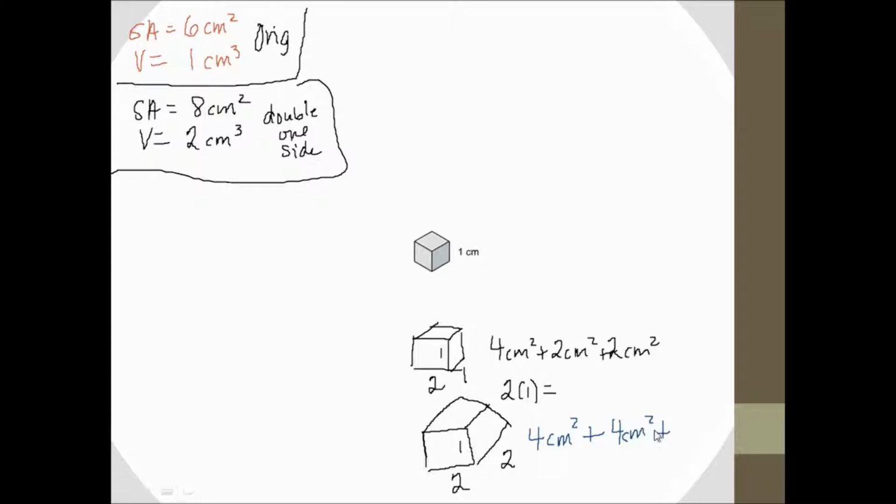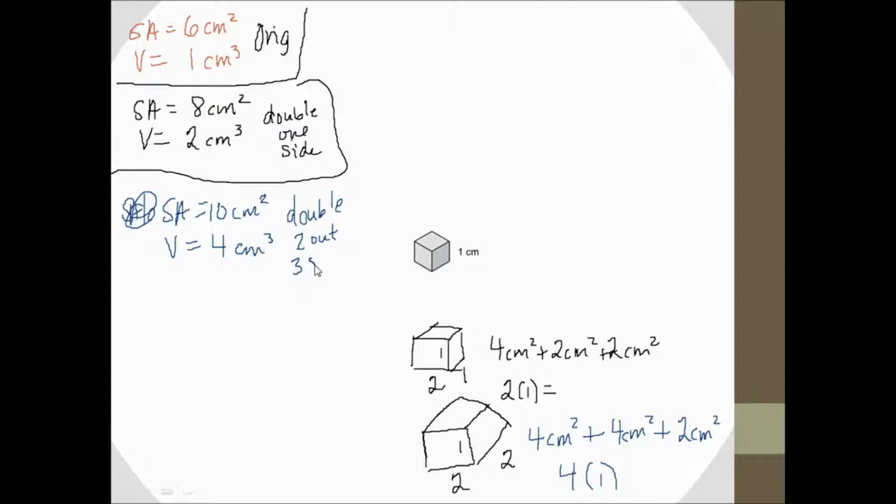The top and bottom are 2 square centimeters. So 4 plus 4 plus 2 gives me 10 square centimeters. Then for the volume, the base is 2 times 2, which is 4, times a height of 1, so the volume is 4 cubic centimeters. So this is when I doubled 2 out of 3 sides.